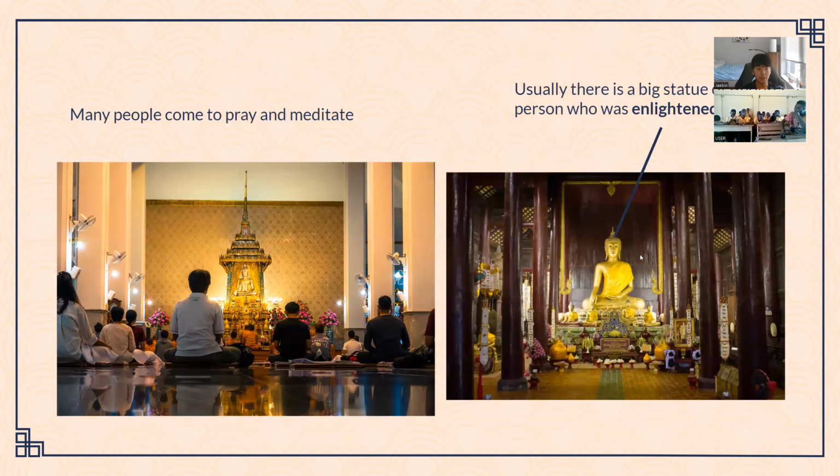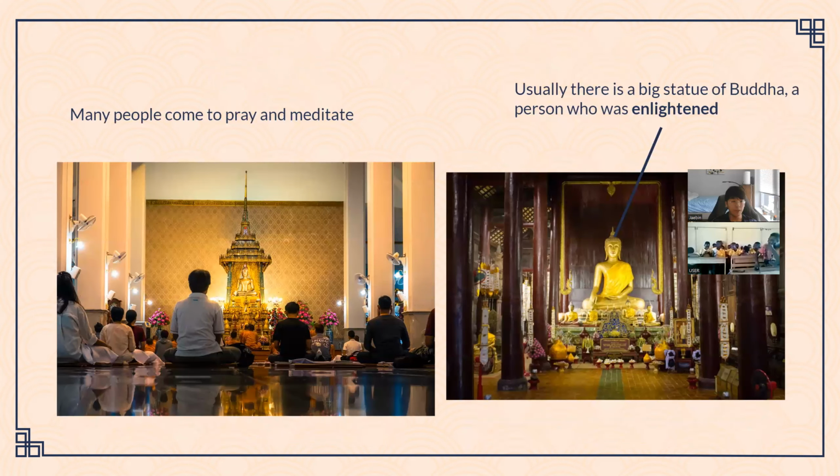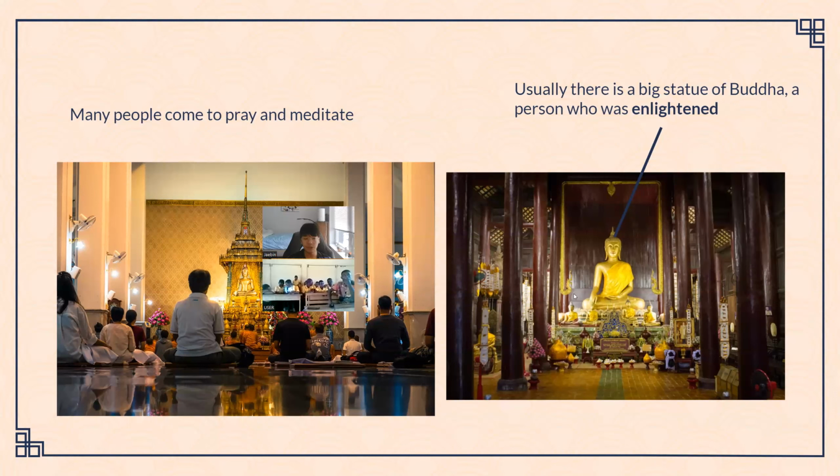So what they do in these temples is that many people come to meditate. They sit down and think about their lives and think about the ways of getting enlightenment. And instead of a god, there is usually a big statue of a Buddha.